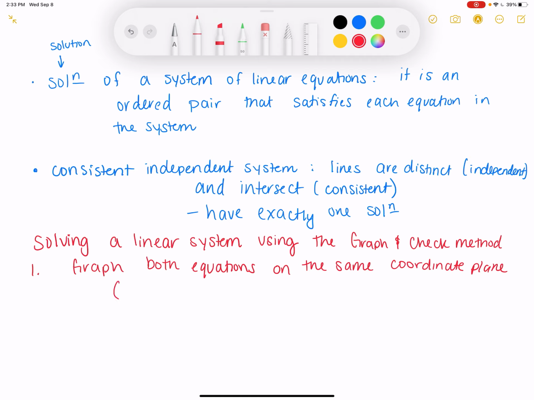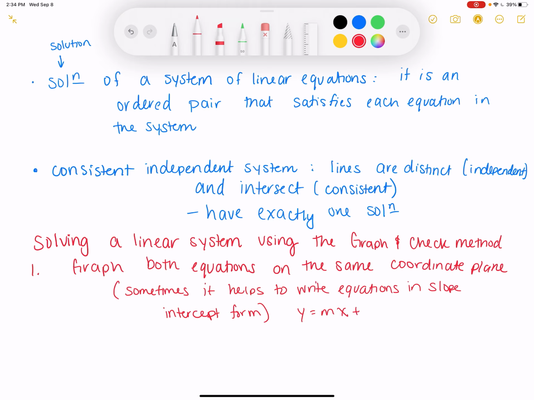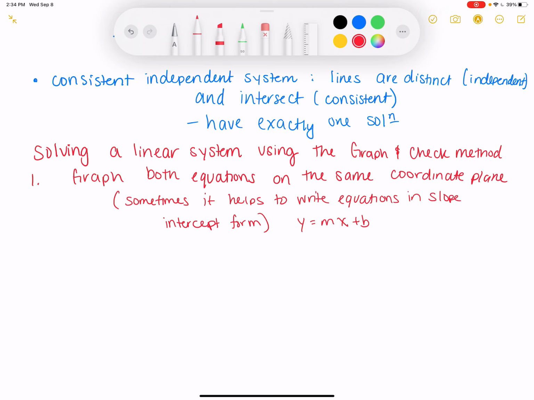Sometimes it helps to write in slope intercept form. So the y equals mx plus b. It may be easier to rewrite the equations that you're given in that form just to make your life a little easier when you're graphing them.